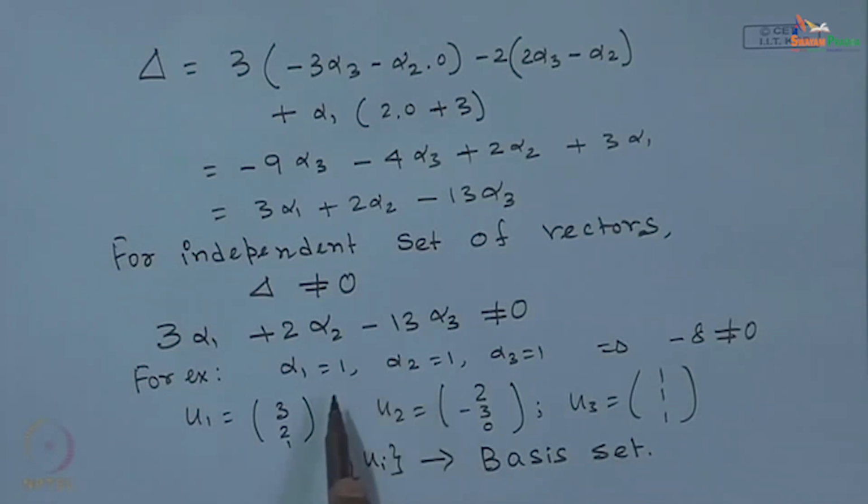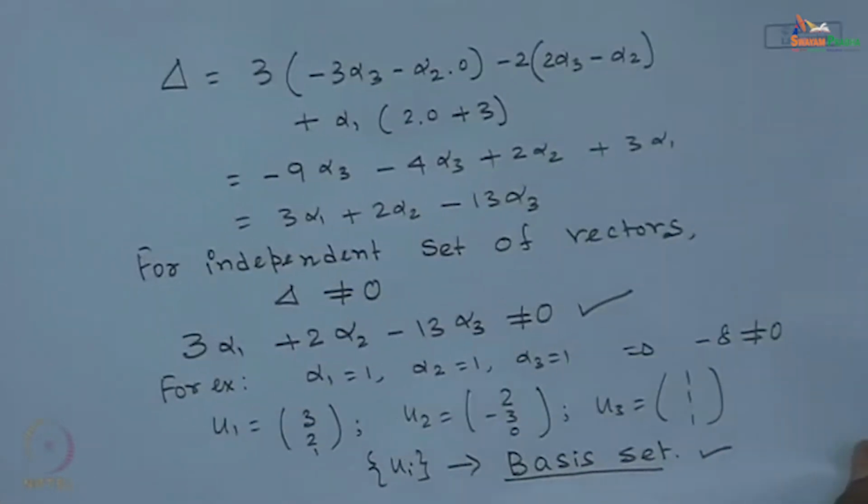Similarly, one could have used any three values of alpha 1, alpha 2, alpha 3 such that this inequality is satisfied. It is not necessary to take 1, 1, 1; one can take any other combination, keeping in mind that this inequality has to be satisfied, so that the vector along with the first two vectors u1 and u2 will constitute a basis set of vectors. That indicates how one can determine the dependent and independent set of vectors.